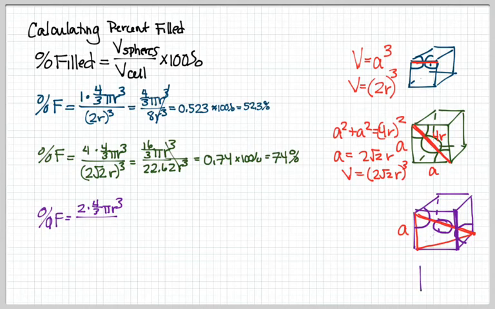So if you picture just the face of the cube, then the face diagonal would be equal to some value. And so if you do your Pythagorean theorem, you can work out that for this triangle, the body diagonal is 4r, and that face diagonal is going to be 2 square root of 2 times the lattice parameter, like we worked out in the previous example.